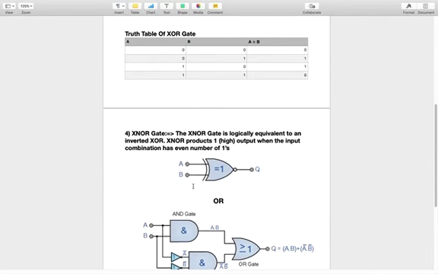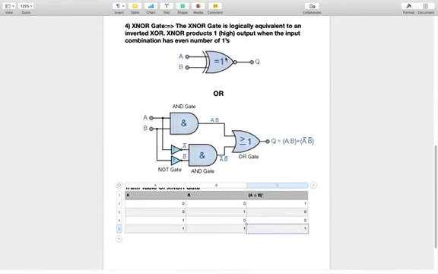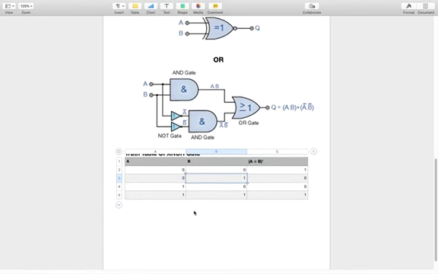Then we learned about the XNOR gate, which is logically equivalent to an inverted XOR and produces output 1 when the input combination has an even number of ones. This is the logic diagram of our XNOR gate and its truth table.